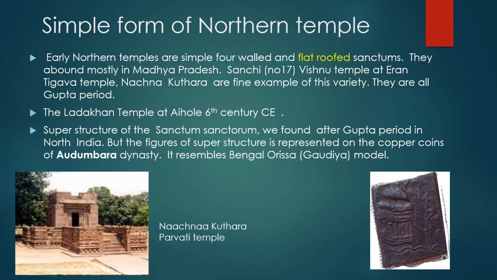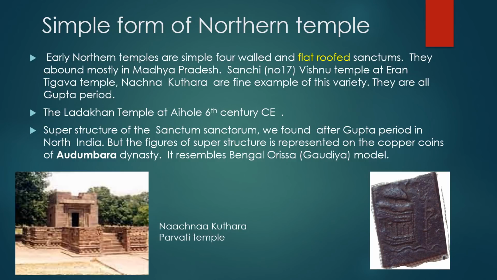Then the superstructure of the sanctum sanctorum we find after the Gupta period in North India. Before that, we have one or two temples. At Bodh Gaya, we have one temple with a superstructure of 6th century AD. But before that, we have a superstructure only occasionally. Most of them are flat-roofed sanctums.